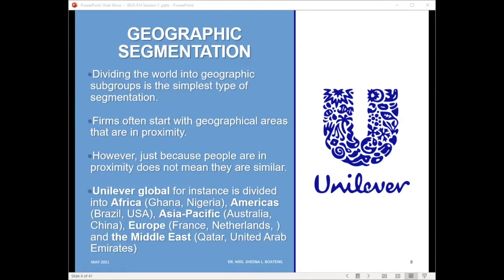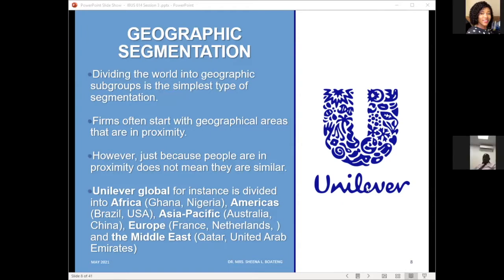Let's bear in mind from our previous discussion, we mentioned various environmental factors, both micro and macro level factors that distinguish each of these individual countries from each other. So in as much as we are choosing as global marketers countries that are in close proximity to our own home country, we need to bear in mind that the proximity does not necessarily mean that they will share a lot of similarities with us as a home country.